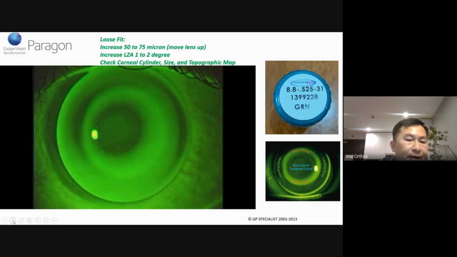So remember, with Paragon CRT, we can troubleshoot exactly like IC, but we have the additional landing zone angle to fix the lens and correct the lens more effectively.